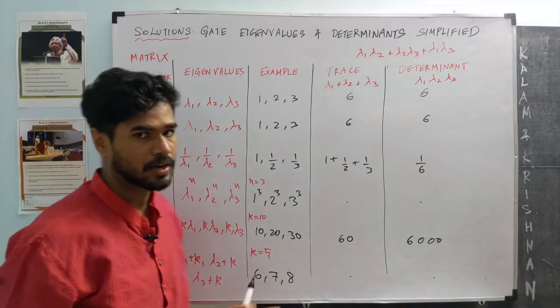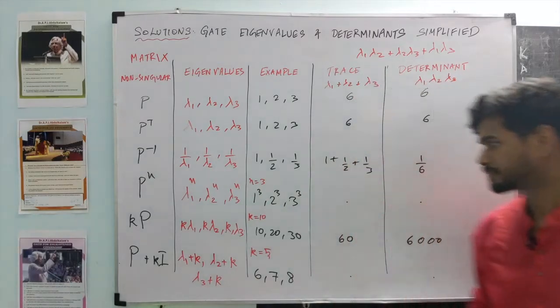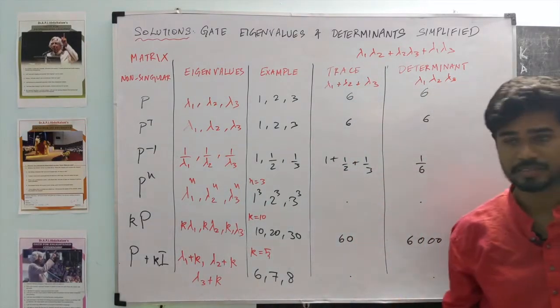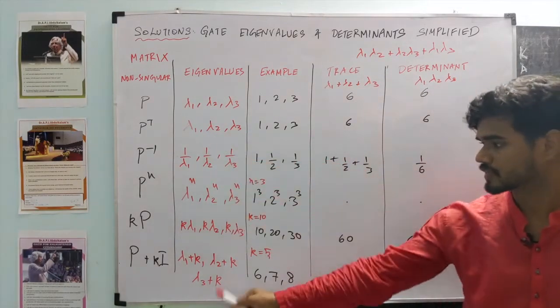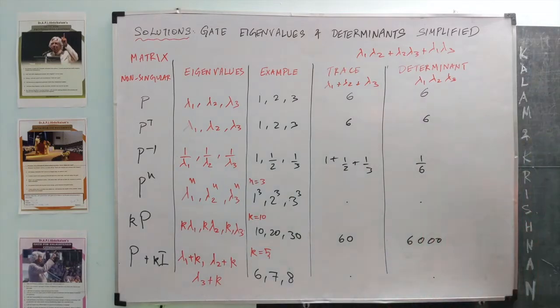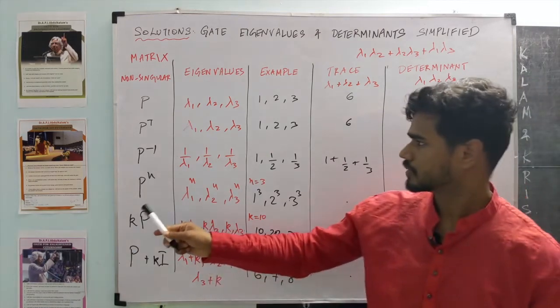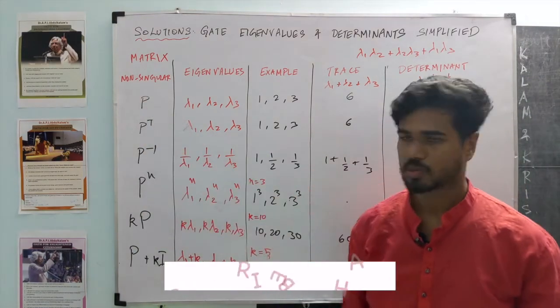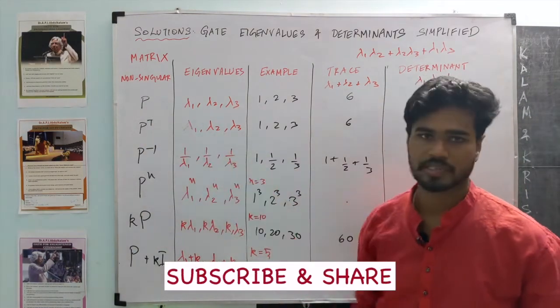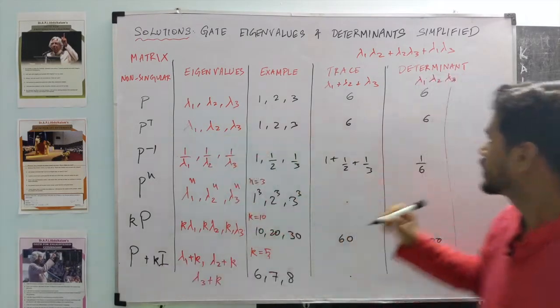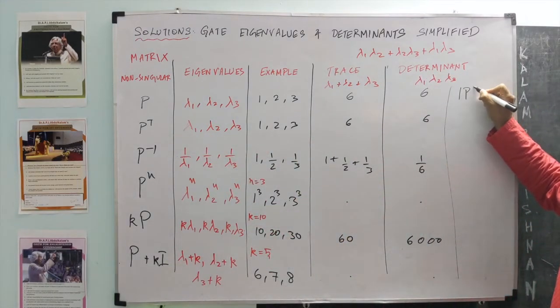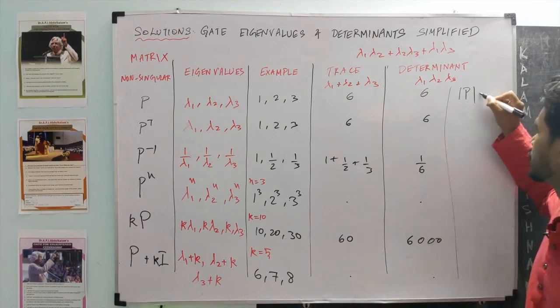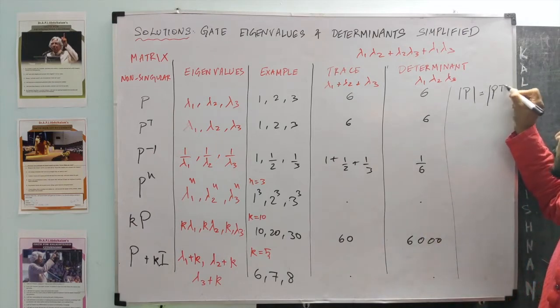Okay, I will conclude this video with some of the properties that emerge due to the result that I just wrote down. We notice P and P transpose eigenvalues are the same. So the determinant of P is going to be equal to the determinant of P transpose.